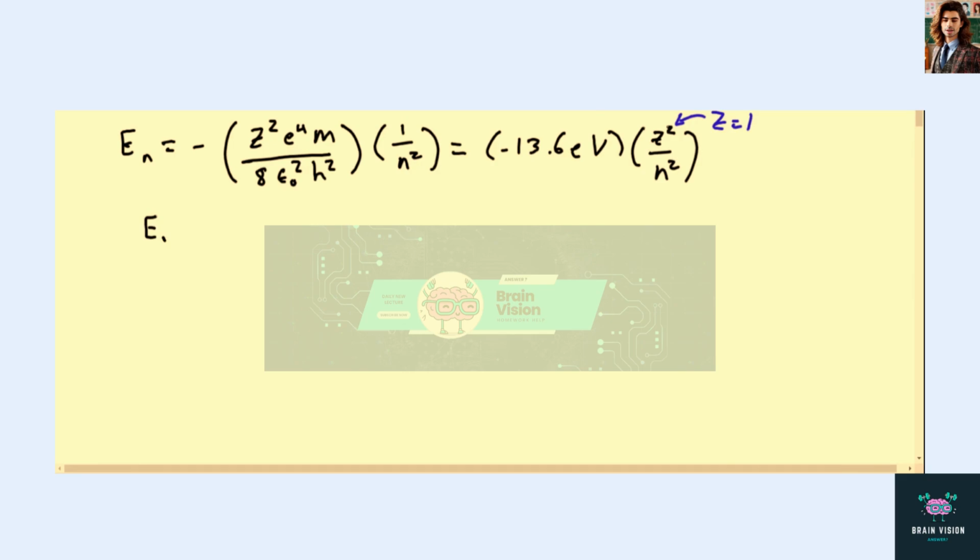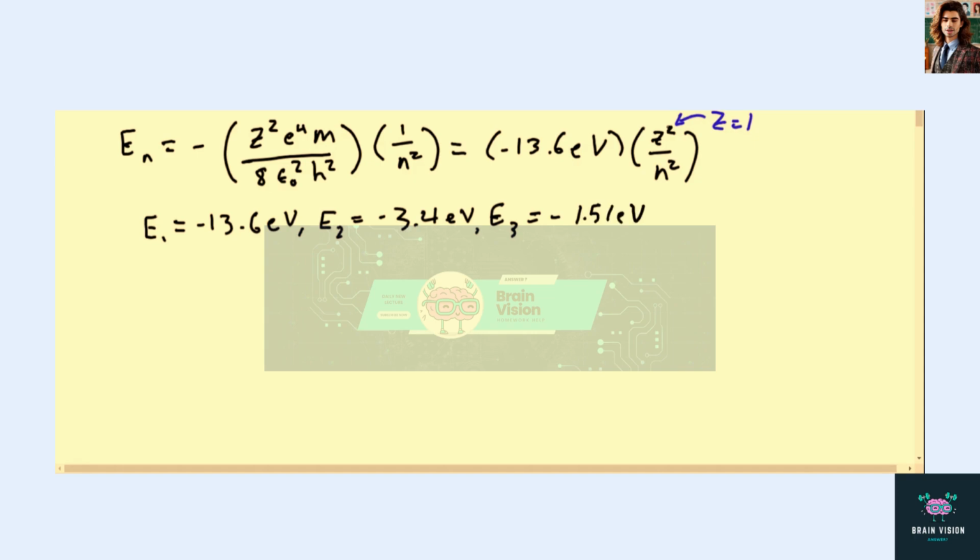So E1, our ground state, we know is negative 13.6 electron volts, just because 1 over 1 squared is 1. For the next state, E2, we have just negative 13.6 over 4, which is negative 3.4 electron volts. Similarly with E3, we're just dividing by 9, so it's just negative 1.51 electron volts.